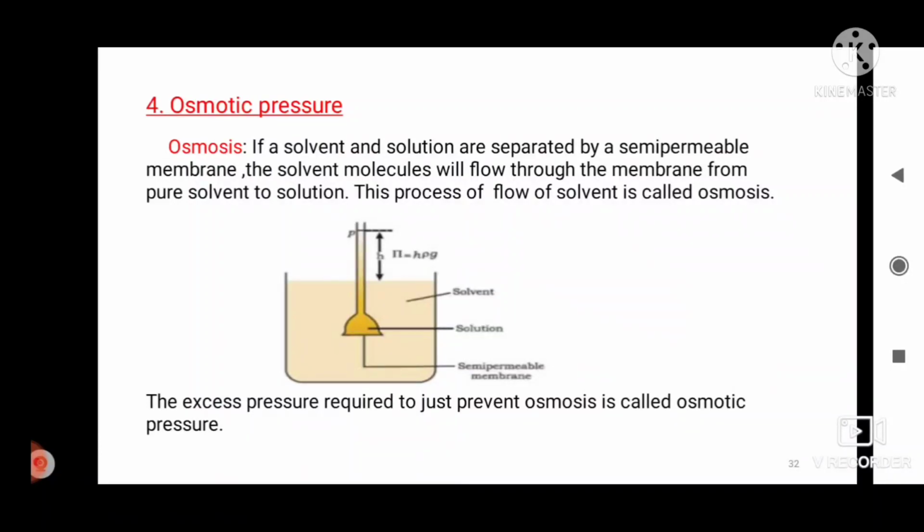This pressure that just stops the flow of solvent is called the osmotic pressure of the solution. The flow of solvent molecules from dilute solution to concentrated solution across the semi-permeable membrane is due to osmosis. It is important to keep in mind that solvent molecules always flow from lower concentration to higher concentration of the solution.